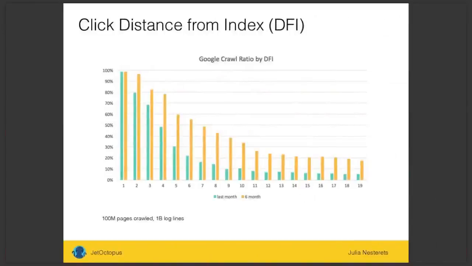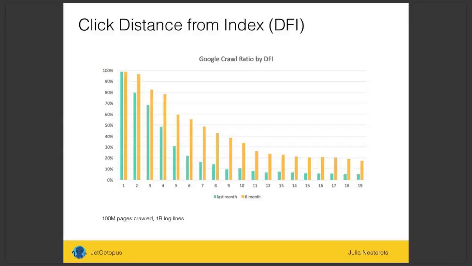And why does it have an impact on the crawlability of your website? From this slide, you see that the lower the DPI is, the better the crawling ratio of these pages. The pages with DPI 1, 2, and even 3 have a really high crawling ratio, and the DPI 1 pages are almost 100% crawled.